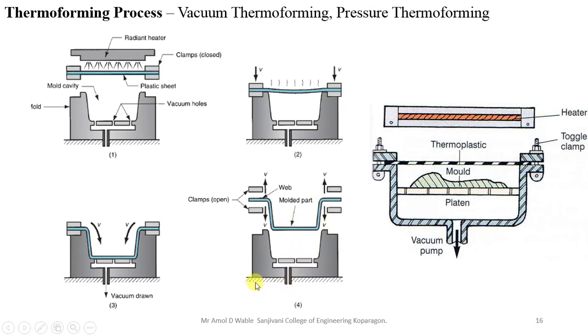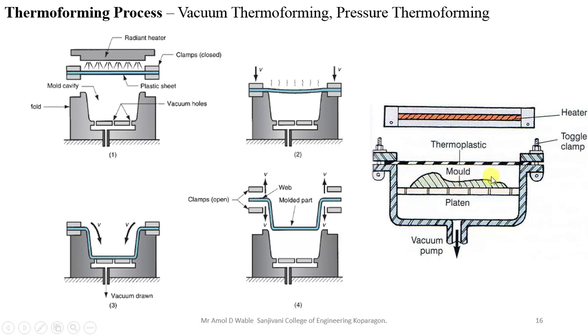So instead of vacuum, sometimes hot air is used to drive the plastic sheet into the female mold cavity, and finally you will get this kind of shape towards the bottom side. So even if you want some complex shape, you can go for this kind of arrangement.